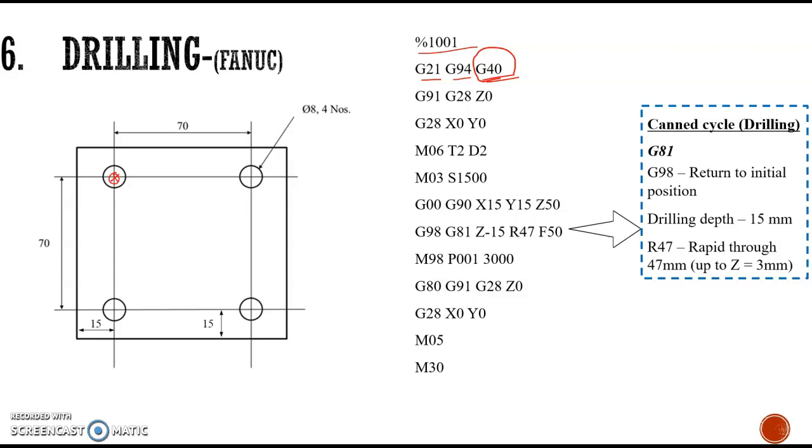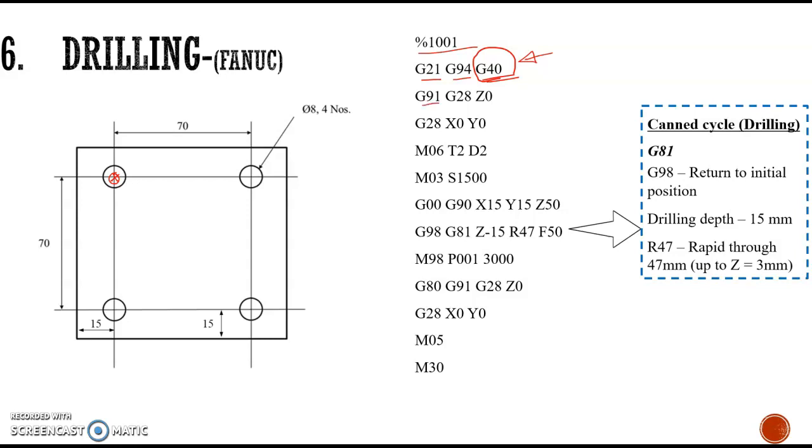So there is no offset required, no cutter radius offset or compensation required. Both have to be matched at the same location. So we need to cancel all the given cutter radius compensation, and for that we are using G40.